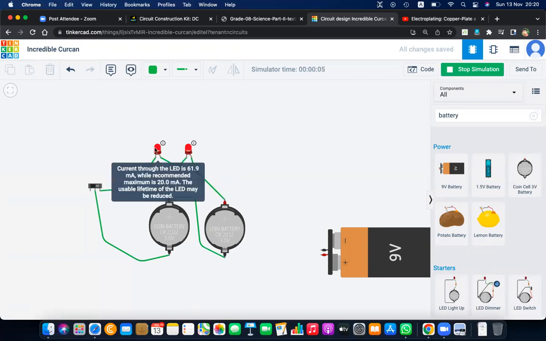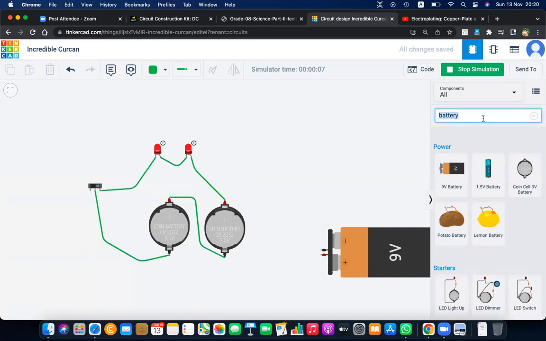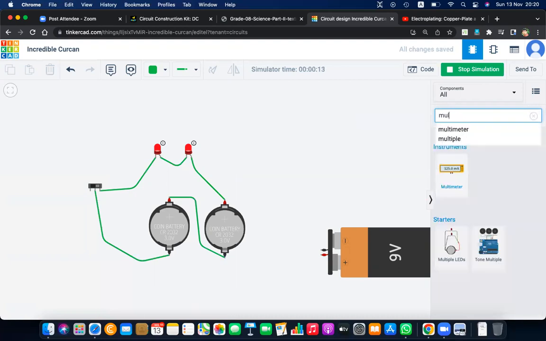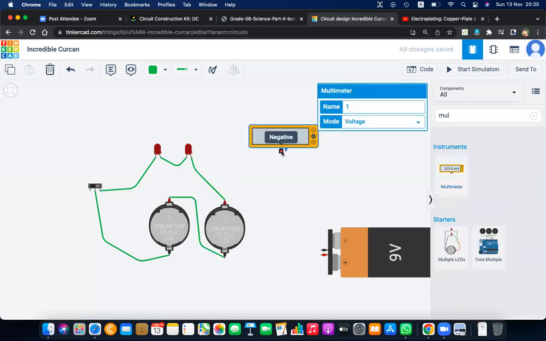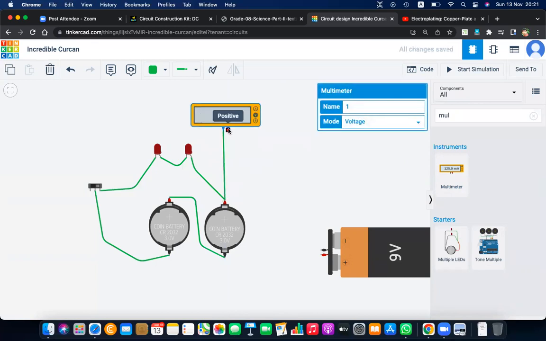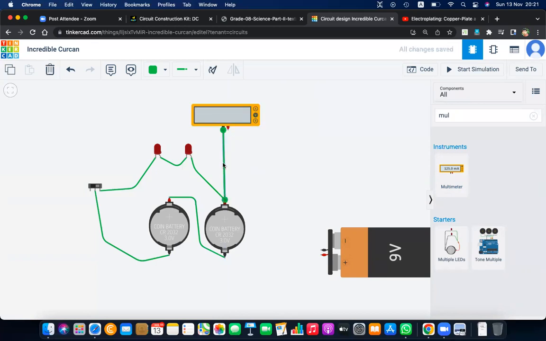And if you measure the voltage using a voltmeter or multimeter, let's measure this. The battery from this, that's the positive.